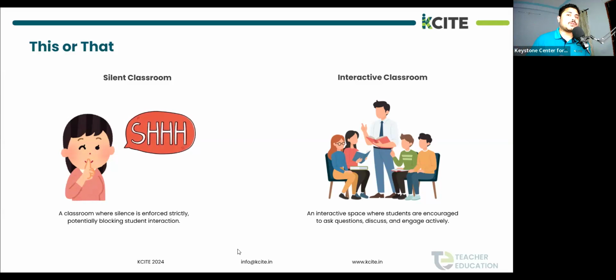You are providing them the tools, resources, materials, everything, and the students themselves are using those materials, the facts, information, and participating in the activity.